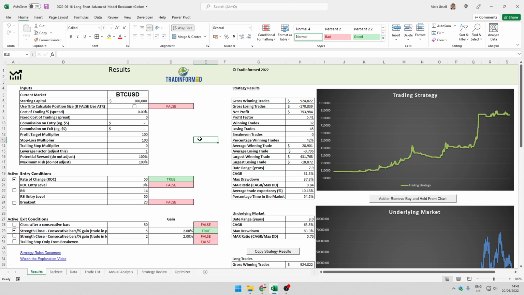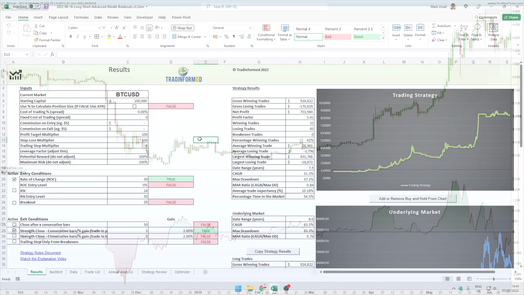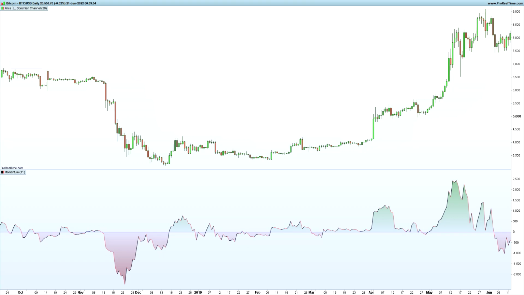I have looked at 3 different technical indicators in this analysis, and they all tell a similar story, which is good. First of all, rate of change. Now, the rate of change indicator is also known as the momentum indicator, and it identifies the current price relative to a previous price.